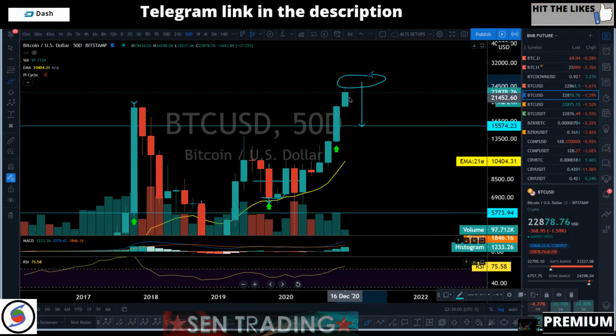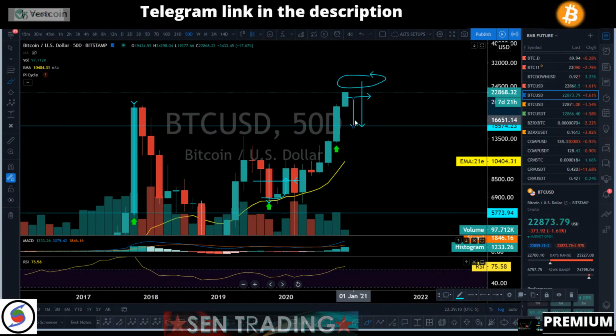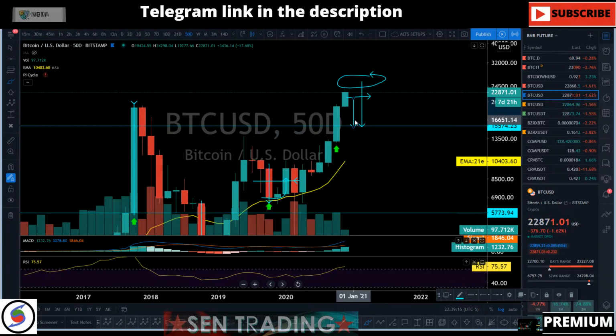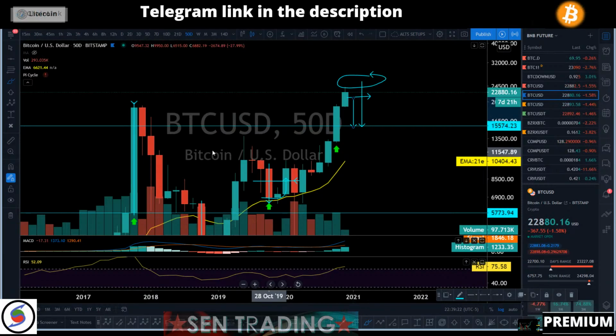The next candle is going to dip down here. That's just something, if we see it, we're not going to be surprised. Not saying it is going to play out, but if we ever see BTC dropping down to 16K, 15K on a macro scale, we know exactly what's going on.